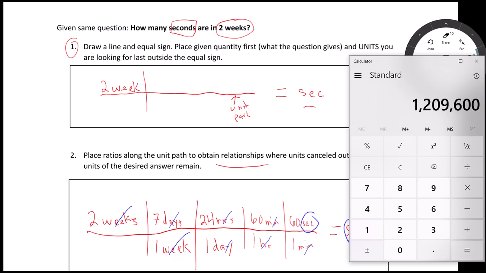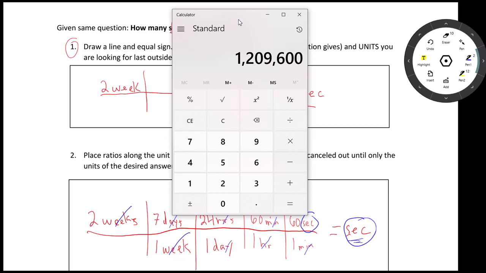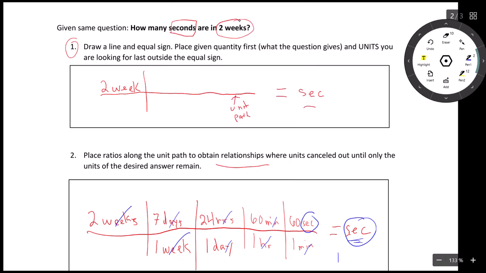I've got that number there, right? Looks like 1,209,600 seconds. That's the answer that I can get.